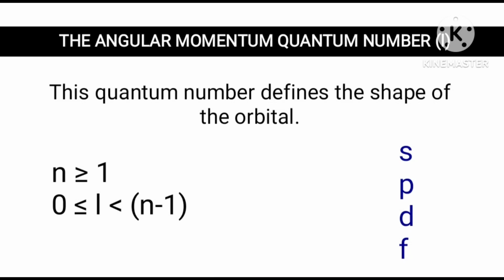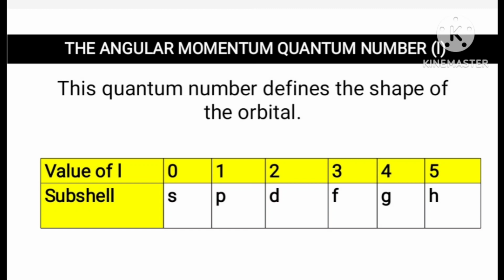Okay, so values of l can be from 0 to n-1. This is the range. It can vary. So it defines the shape of the orbital and characterizes a subshell. Pay attention to this table. You see values of l. If l is 0, it will be the s subshell, which consists of only s orbitals.